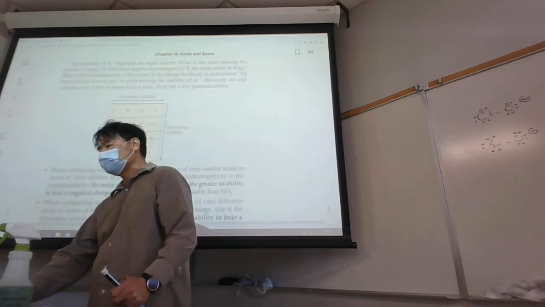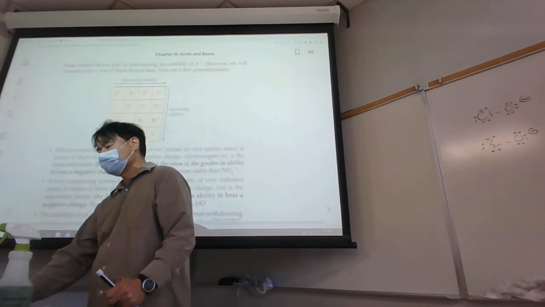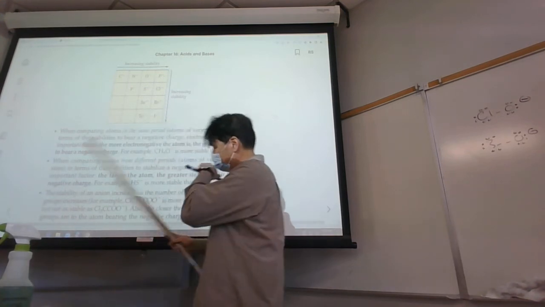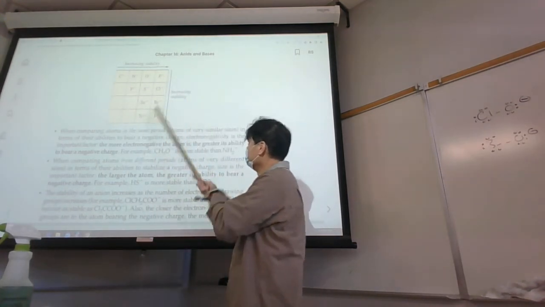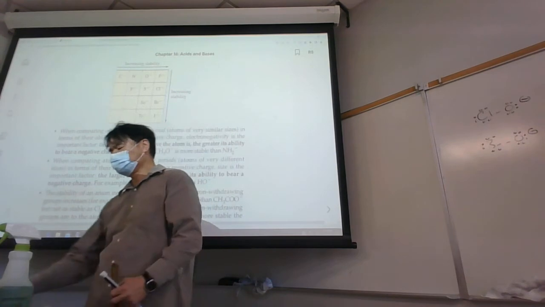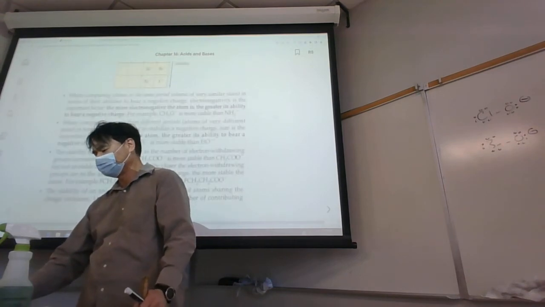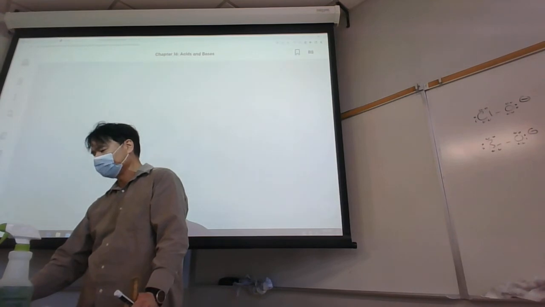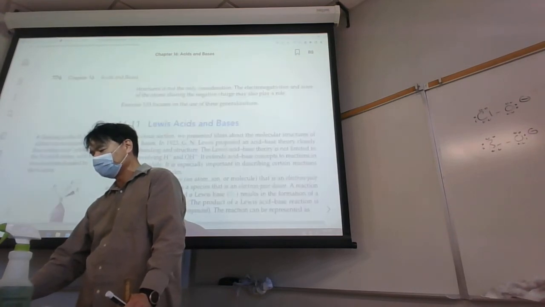Stability in the sense of aqueous solutions. And so they're talking about increasing stability this way and that way, but I'm going to skip this for now, unless we look at a specific example.